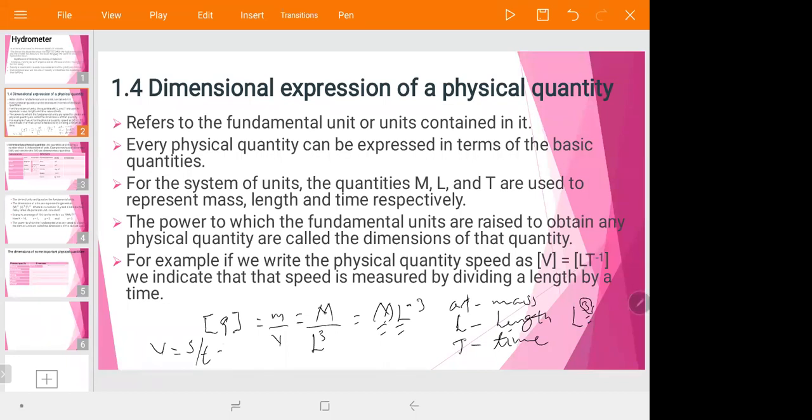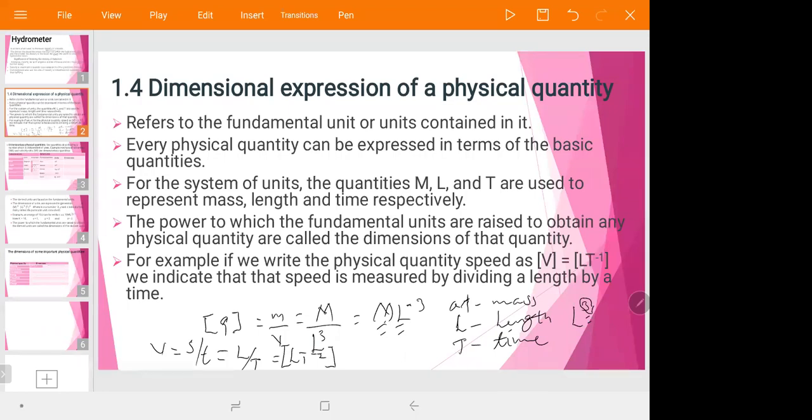So it is length over capital T. When T comes from below to above, it becomes L T to the power of minus 1. Therefore, the dimension of speed is equal to LT minus 1.